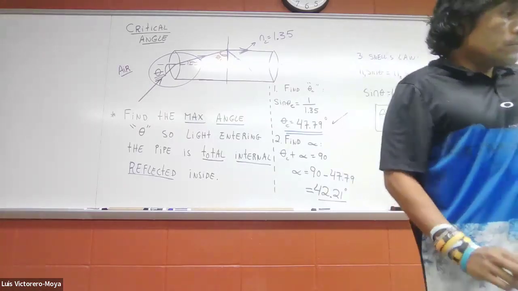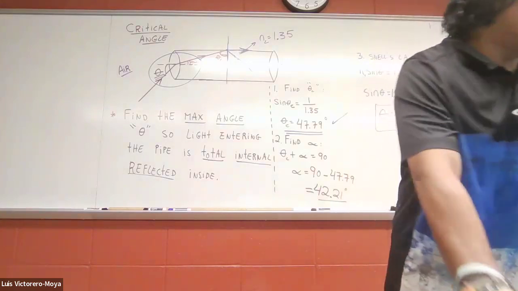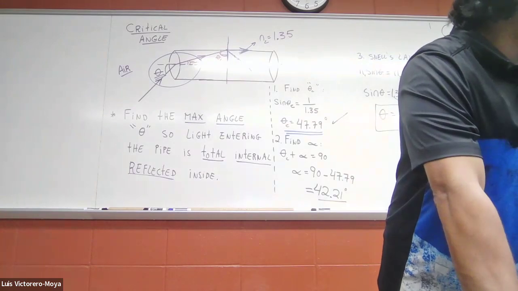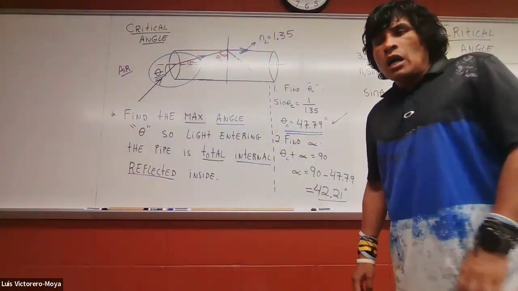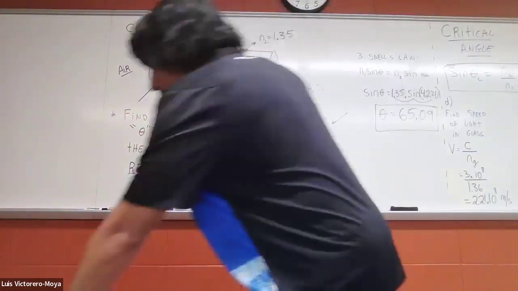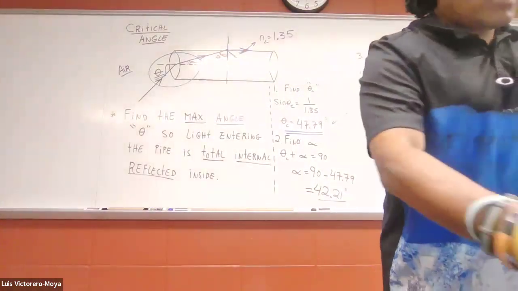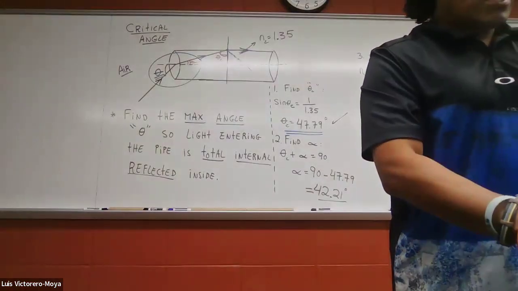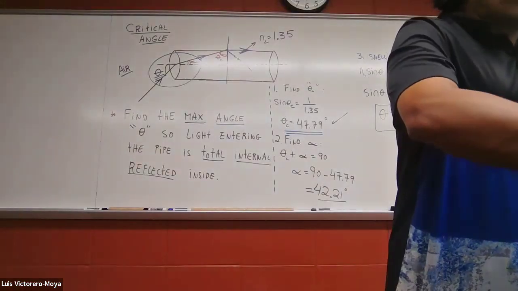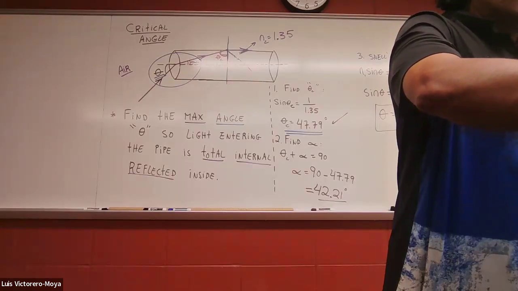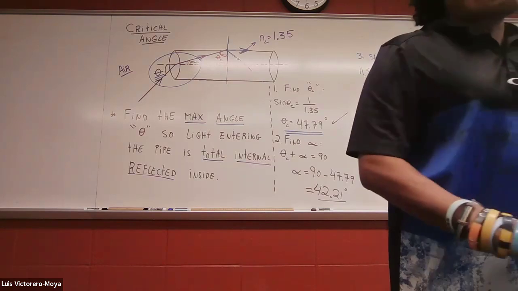All right. So now let's see how this is used in lenses. So you see, one of the applications for refraction is lenses, but you're gonna notice that it's more complex than that.